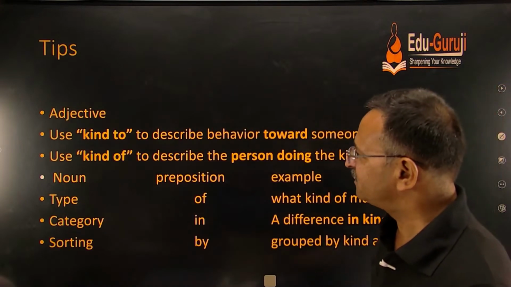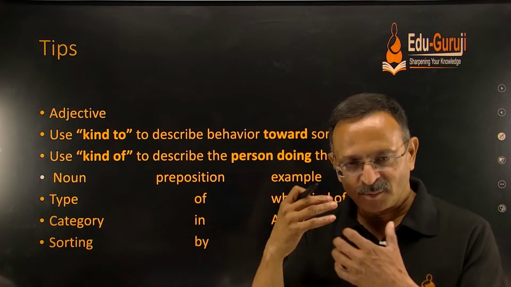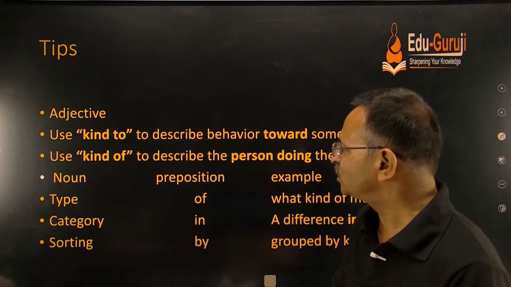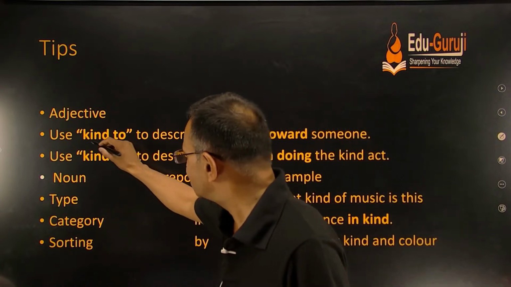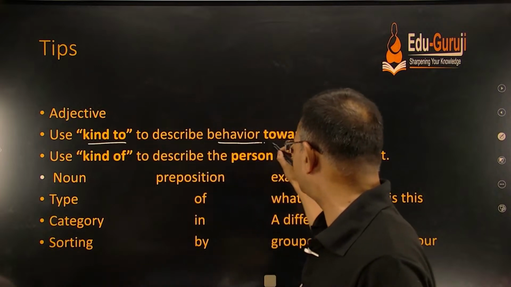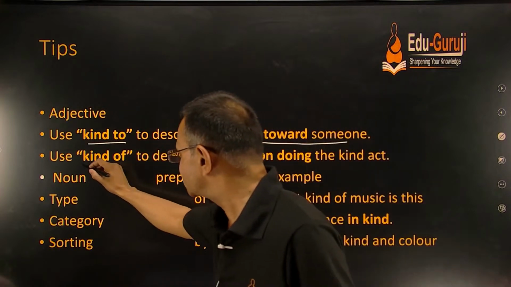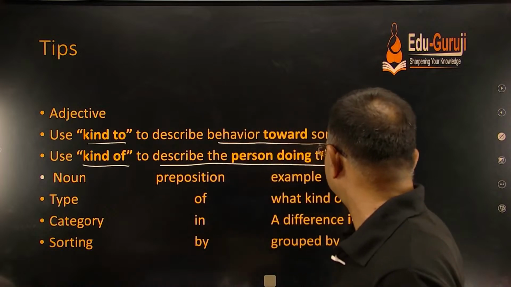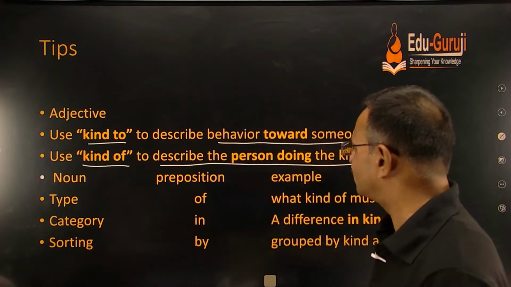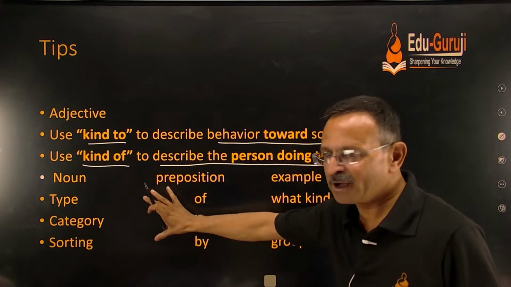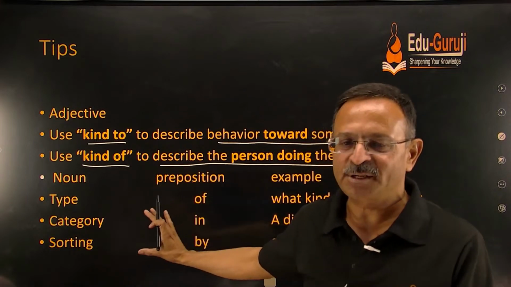Then you have adjectives. With the adjective, we use "kind to" to describe behavior towards someone, and "kind of" to describe the person doing the kind act. This is a bit of a summary.